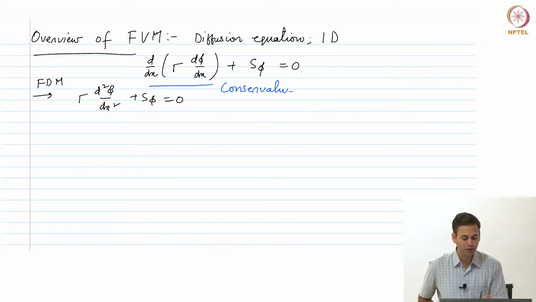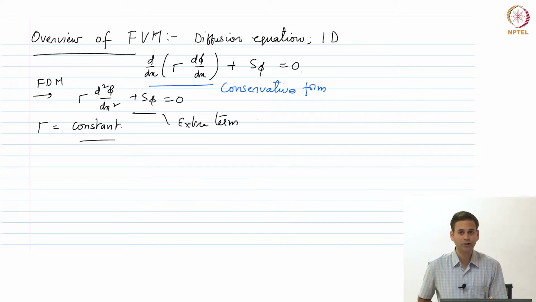Now, of course, these two equations are one and the same if you have gamma as constant. They are not the same if gamma is not constant, and you would get another term. For example, if you were to write in a non-conservative form, you would get an extra term, right? What would that term be?